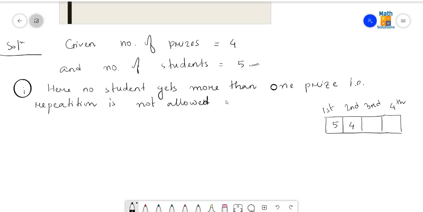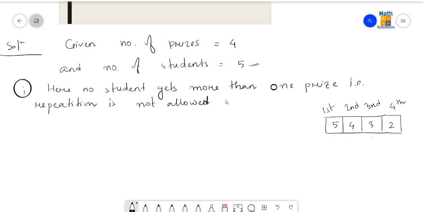So 3 options are left. And for taking away the fourth prize, how many students will be left now? Already 3 students have taken away the first, second and third prizes. So for taking away the fourth prize, we have 2 students with us.